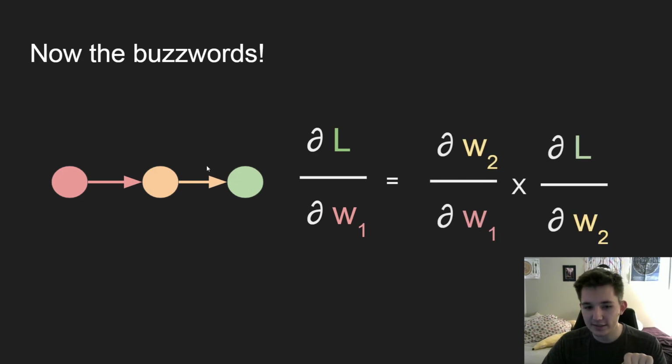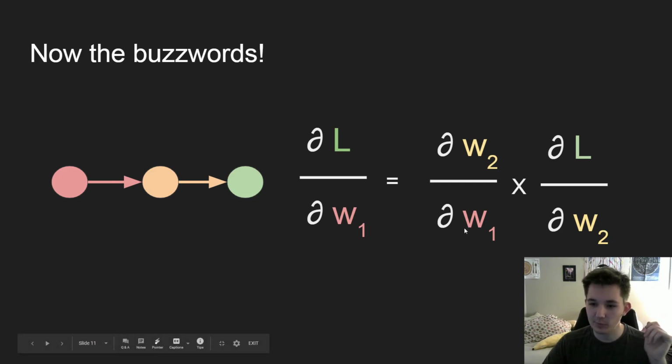Because it's pretty easy to find the partial of this weight right here, this parameter, we can just find that first, because it's just a simple matrix multiplication. So it's a very easy derivative to find, and we can just multiply it by this partial derivative too. And this is very nice. We can just cancel these out and we get our partial derivative just like we do in chain rule.